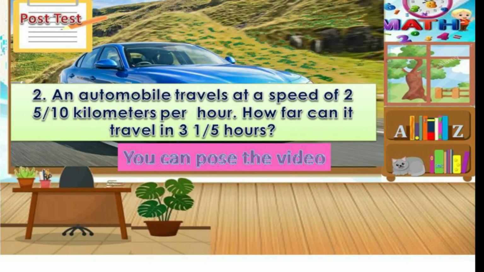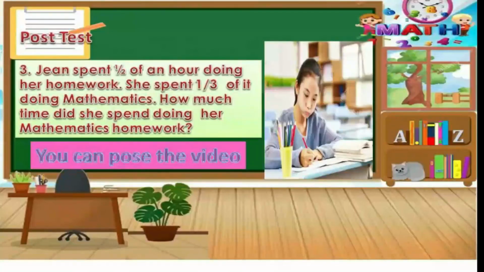How far can it travel in 3 and 1/5 hours? For number 3, Jian spent 1/2 of an hour doing her homework. She spent 1/3 of it doing mathematics. How much time did she spend doing her mathematics homework?